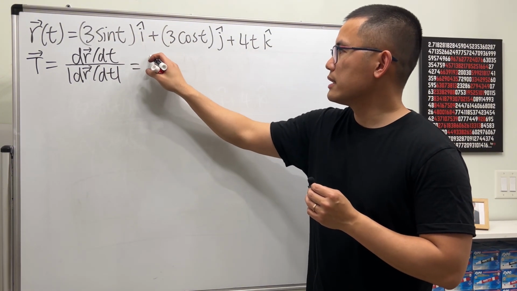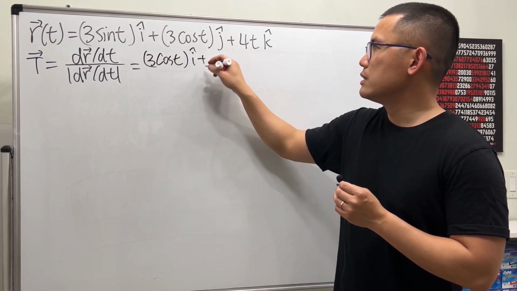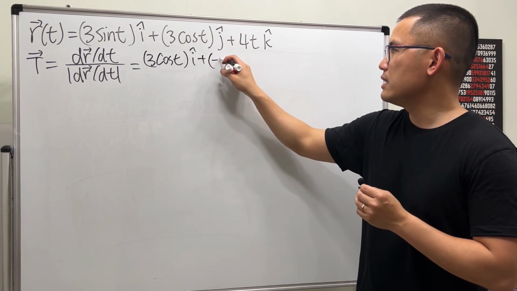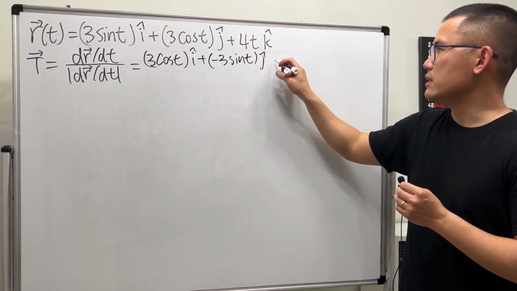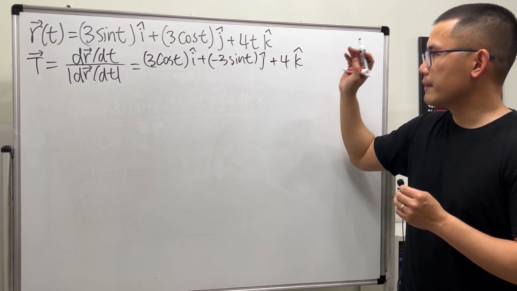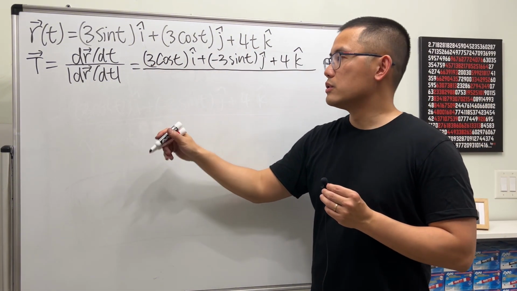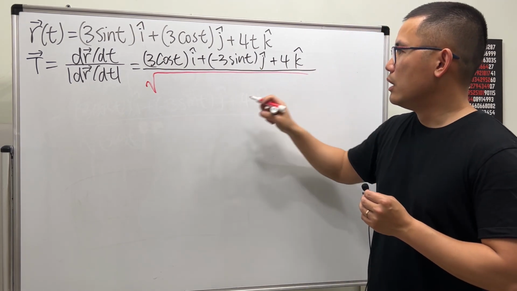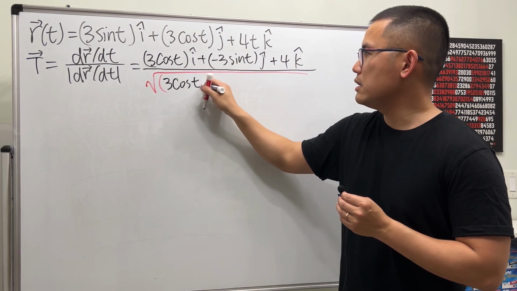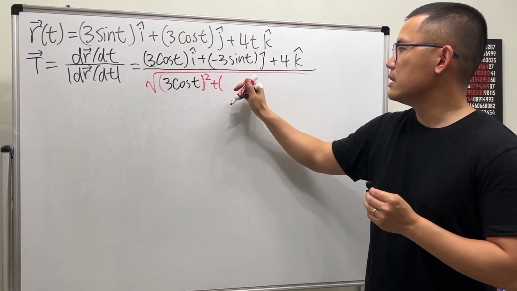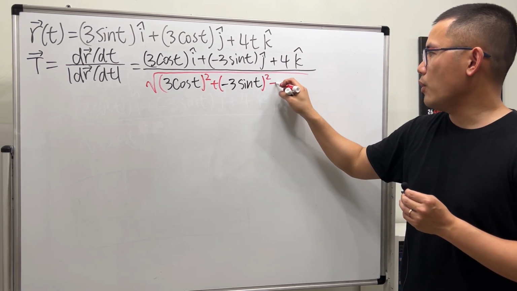First one, we'll get 3 cosine t, and then the derivative of this is negative sine, so we have negative 3 sine t, and then we have the j, and the derivative of 4t is just 4, so we have 4k.